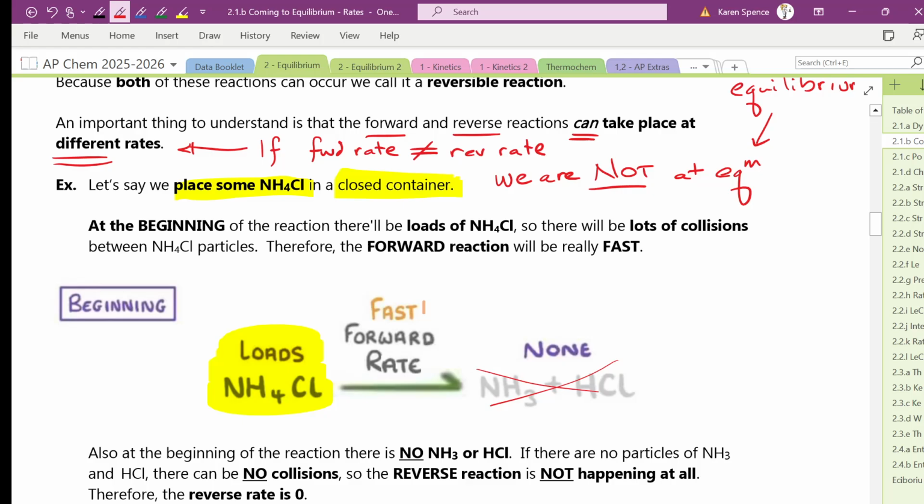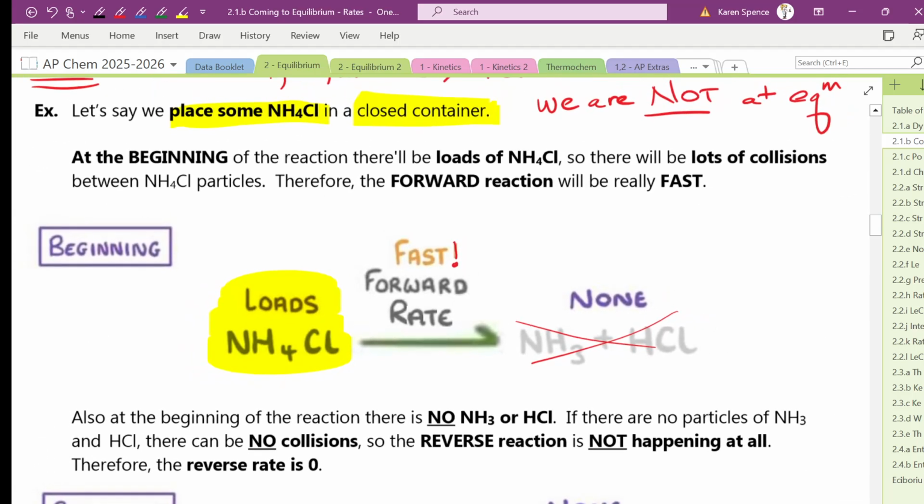So what that means is that if we have loads of the NH4Cl, what can we say about its rate of decomposition? If we have lots of it, it is high. So we have a fast forward rate. What can you say about the reverse rate at the very beginning when we put in NH4Cl and we don't have any NH3 or HCl?